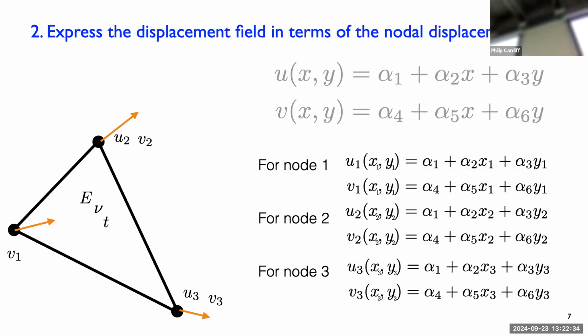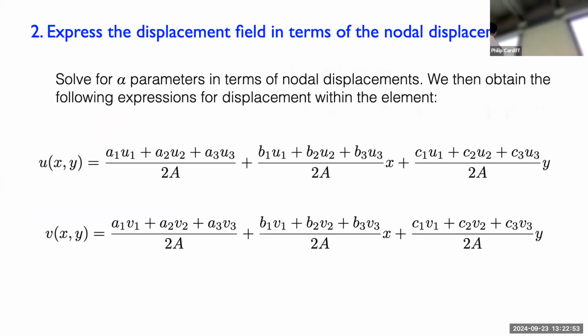At node 1, if we substitute X1 and Y1 into the U equation, that will give back the value of U1 by definition, and the same for V1. So then you'll get 6 simultaneous equations in terms of these alphas. This is, you can see, pretty tedious to solve. But I've done it for you and other people have done it already. This is why, if we go to 3D elements that are bricks, or quadratic elements, it would be very tedious.